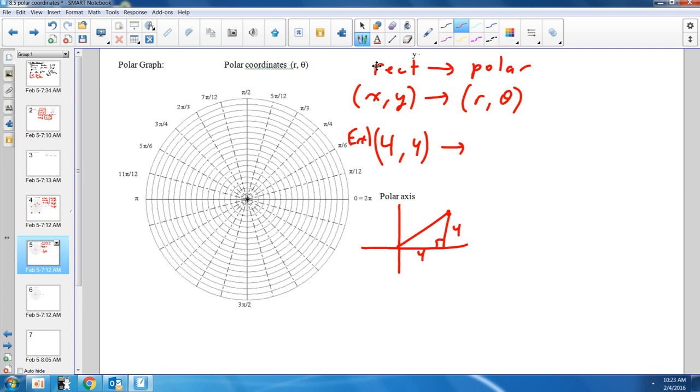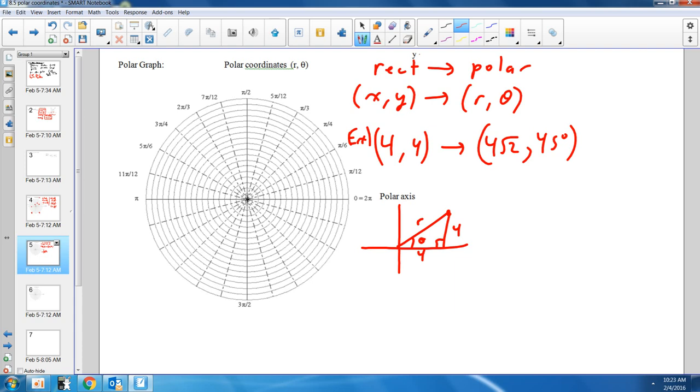And then what I really want to do is figure out, well, what is my angle, theta, and what is my directed distance, r? Well, that's pretty easy to see. Your theta is going to be 45 degrees, or pi over 4 radians. And your r is going to be 4 square roots of 2, because you multiply by radical 2 to get to the hypotenuse, and you're done. Easy.